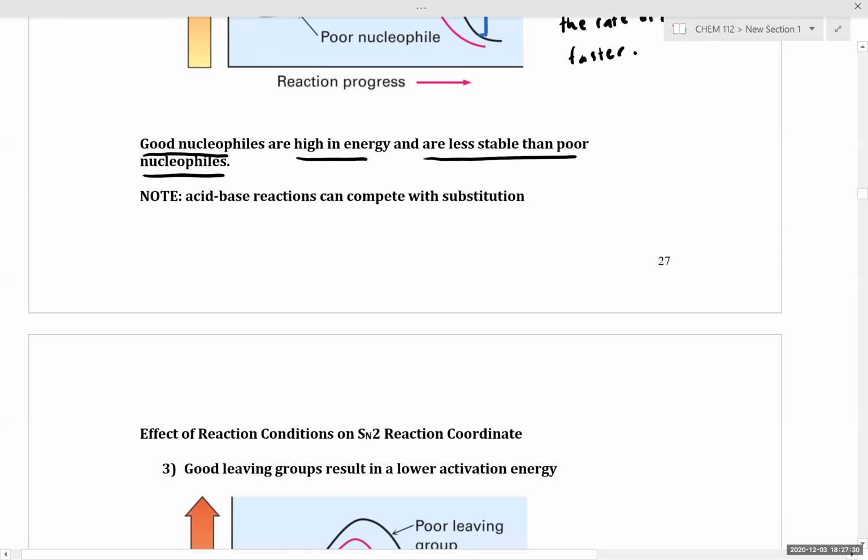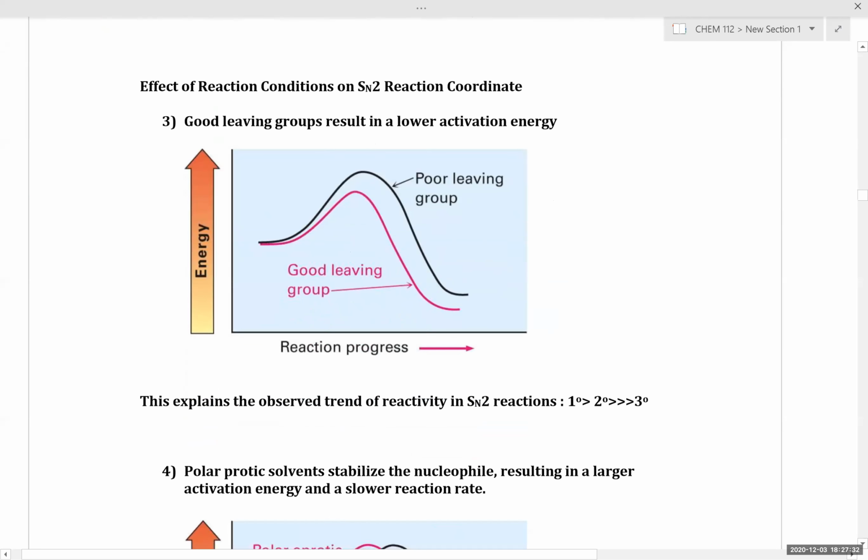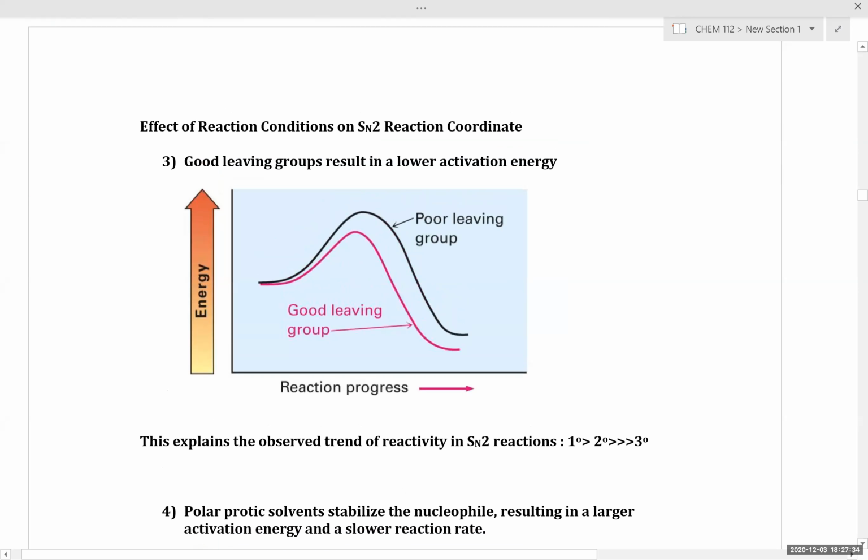Okay, so let's talk next about the effect of the leaving group.